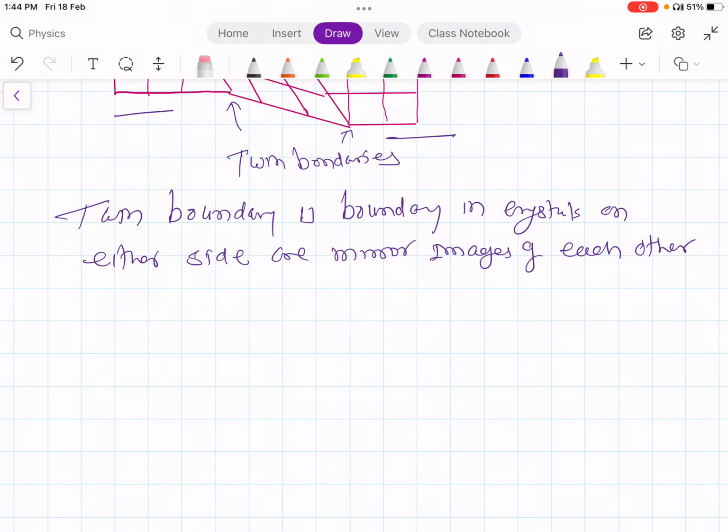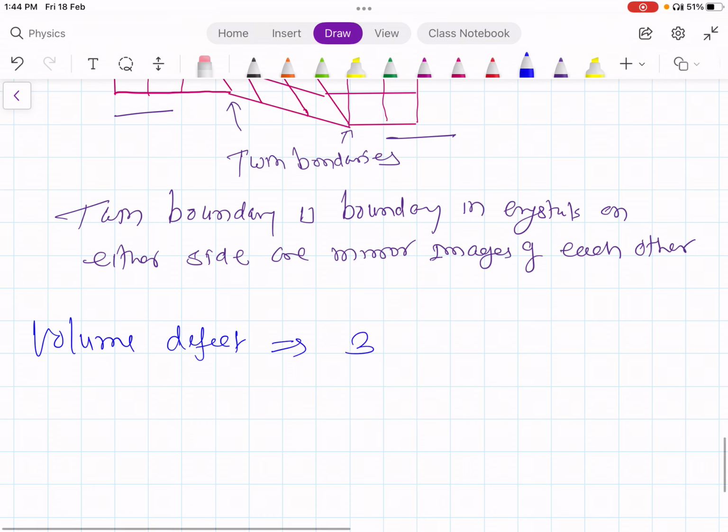Then let's go to the next defect, which is the volume defect. This volume defect is a three-dimensional defect.